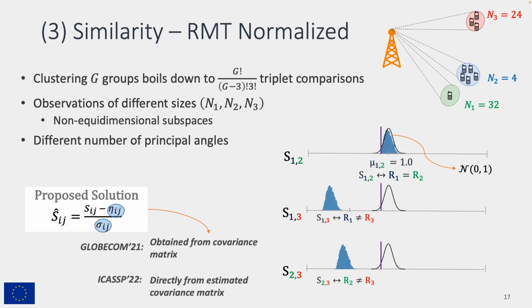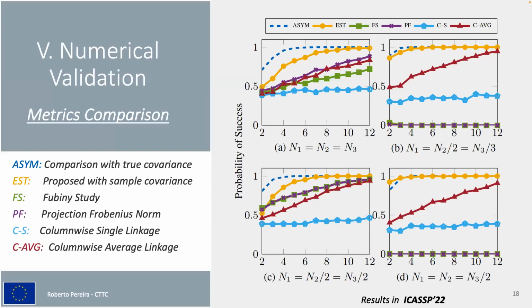So in short, after this whole thing that we do, we did some numerical validations. Let me pick this one. What we have is that this blue curve is the probability of successfully merging or successfully distinguishing one user of a different group with respect to the number of antennas.